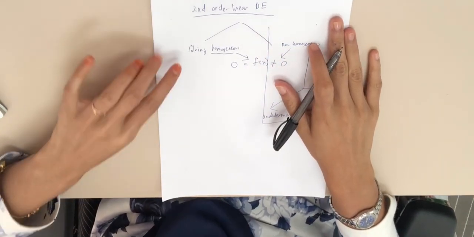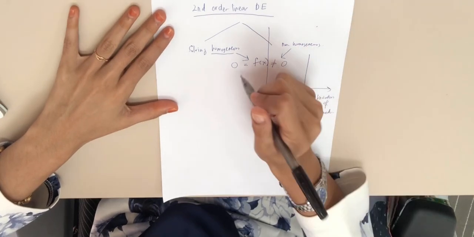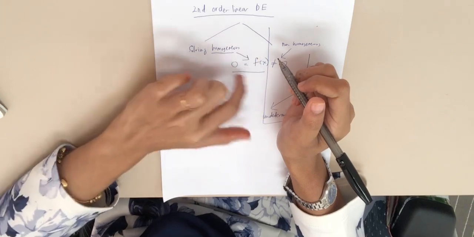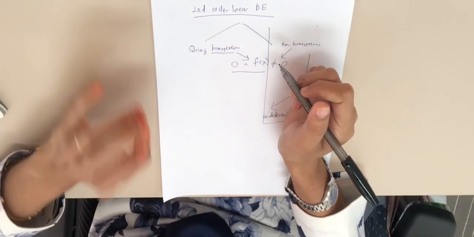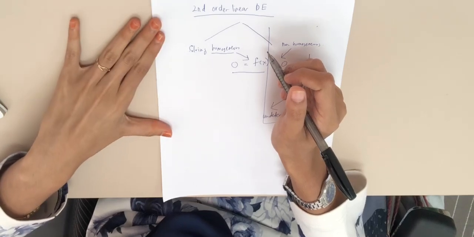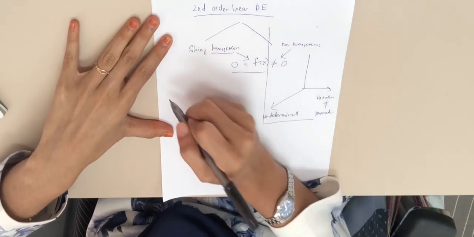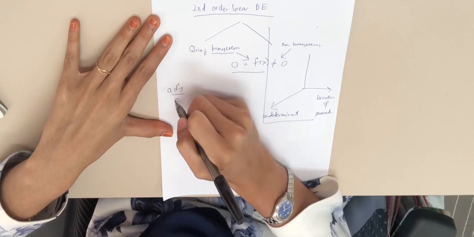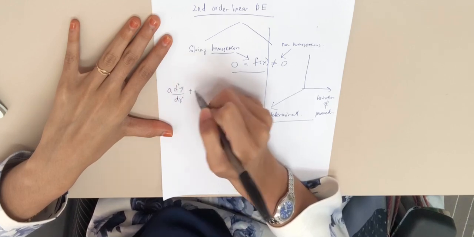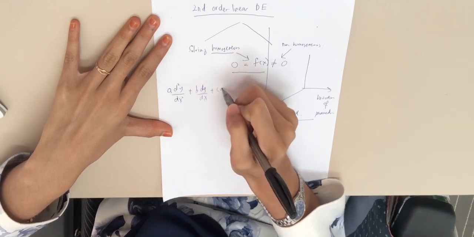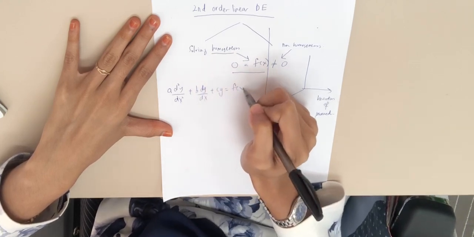Like I said just now, this is the reason why we call it homogeneous, because your f(x) is equal to 0. Let's say you have a general form of second order linear differential equation written as a d²y/dx² plus b dy/dx plus cy equal to f(x).